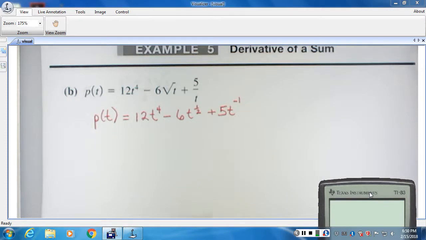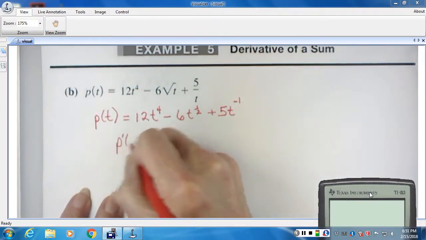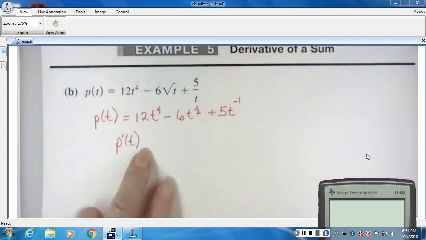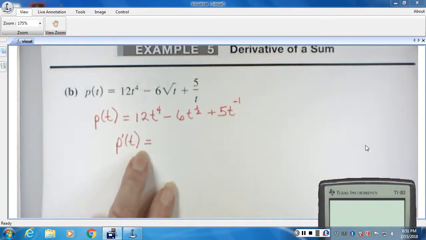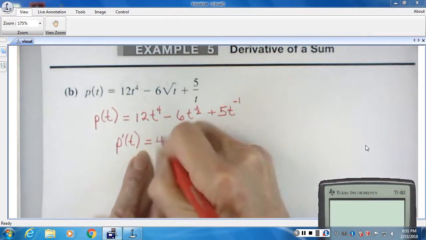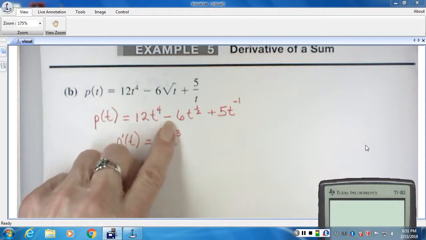Then we're going to do a derivative of each term, one term at a time. So the derivative of 12t to the 4th is 48t cubed. And then I need subtraction because the next term is subtracted.